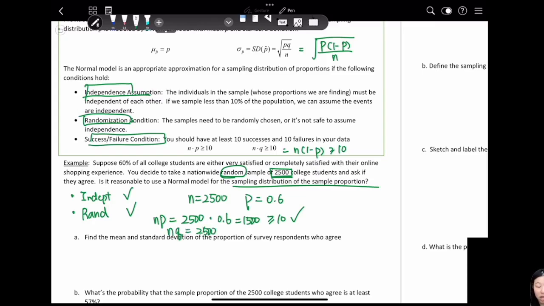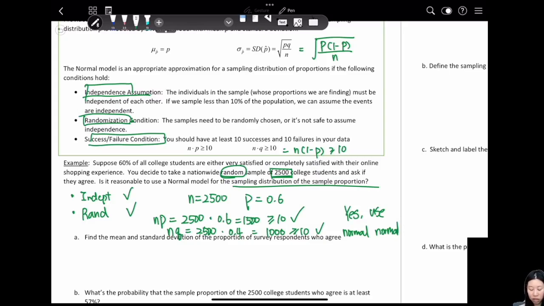If the success rate is 0.6, the failure rate should be 0.4, meaning presumably 40% of college students are dissatisfied with the online shopping. So this equals 1,000, which is also greater than or equal to 10. So that also satisfies the success and failure condition, and yes, we can use a normal model to estimate.